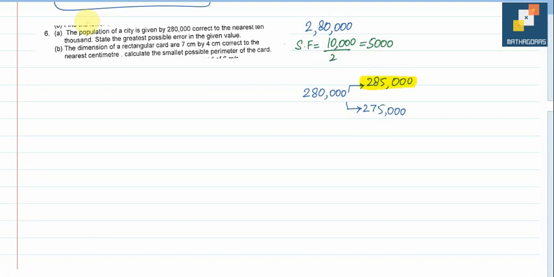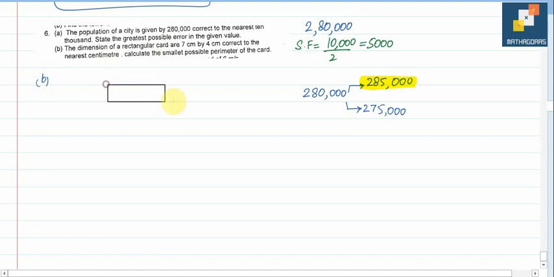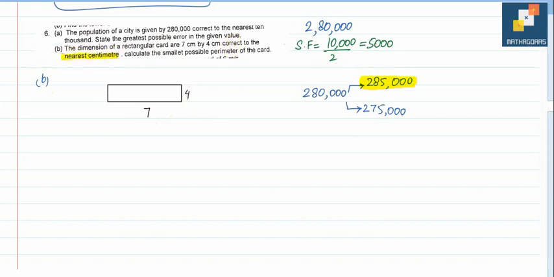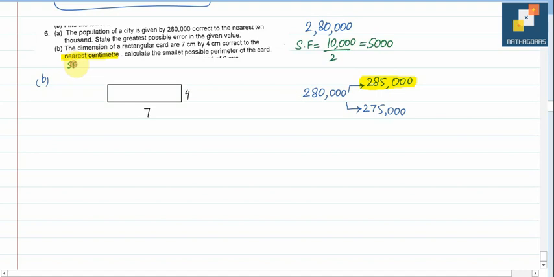For part B, the dimensions of a rectangular card are 7 by 4, correct to the nearest centimeter. That means the scale factor here is 1/2, that is 0.5.